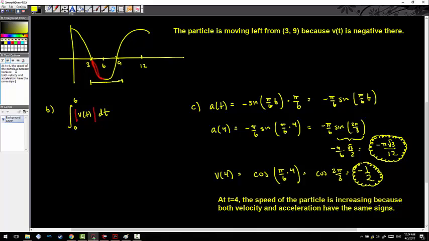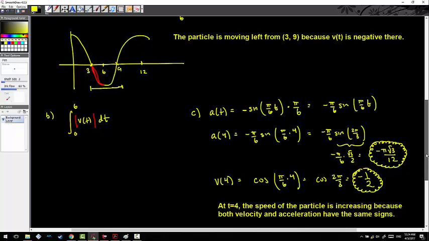Bam. That's part C. They're both negative, so they're speeding up but going backwards. Awesome. Pretty straightforward FRQ.